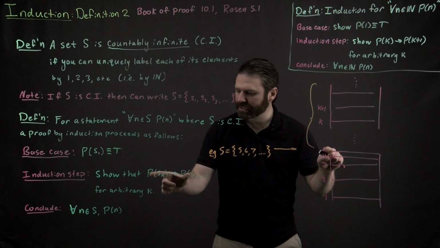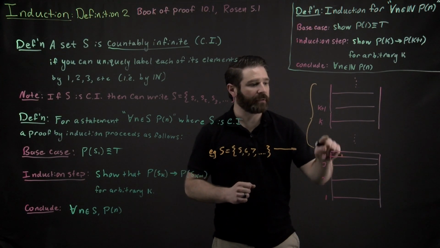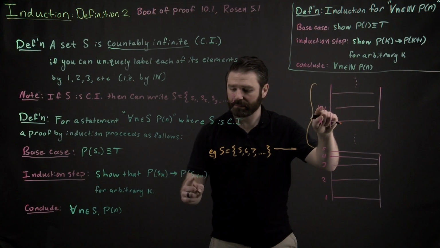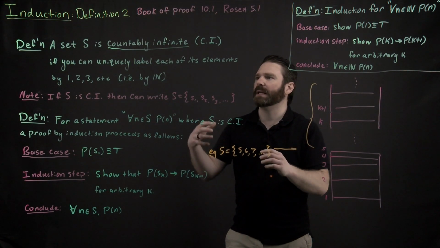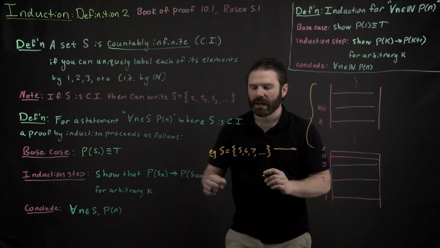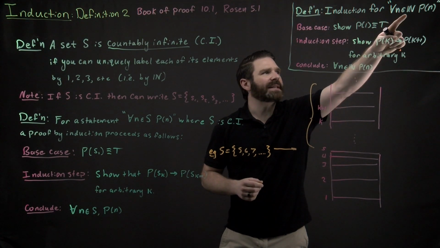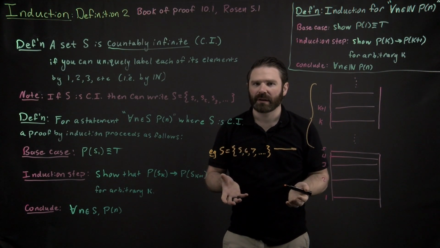And then for my induction step, it says just keep going from there. I want to show that for arbitrary k, P of sk implies P of sk plus 1. So really, this might seem complicated because it's introducing new notation or a new definition. But really, all that changes is where you start on the ladder.